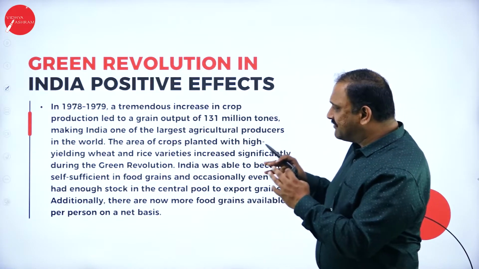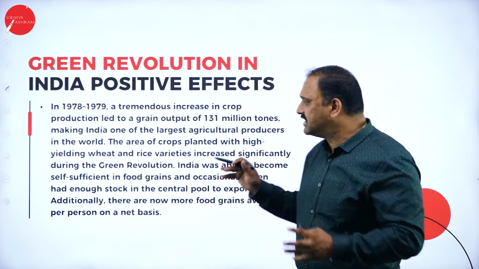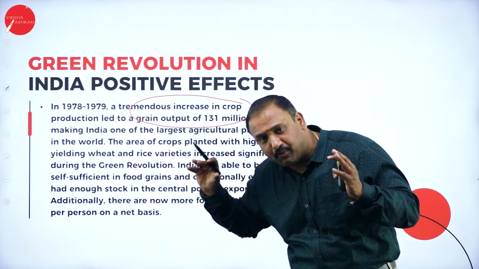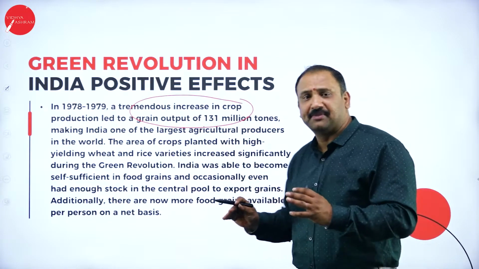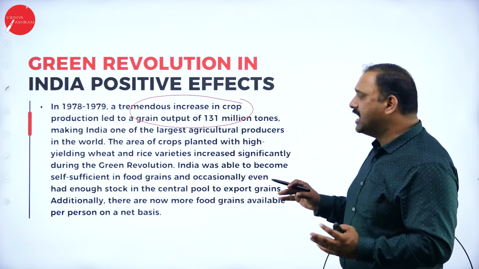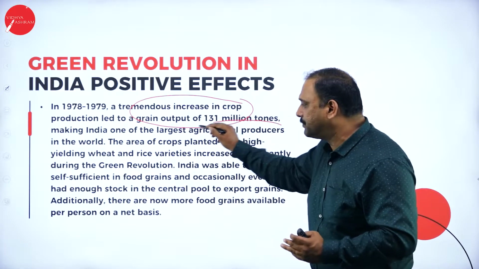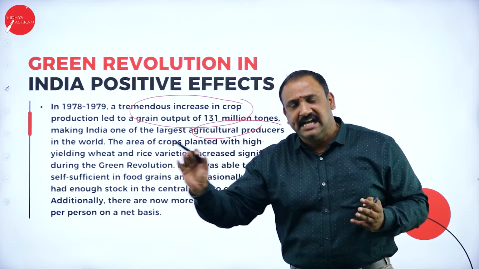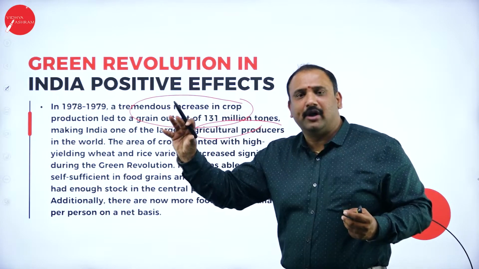Followed by 78-79, a tremendous increase in the crop production led to the grain output of 131 million tons, which is something huge, fantastic for a country like India and one of the largest agriculture producers in the world.